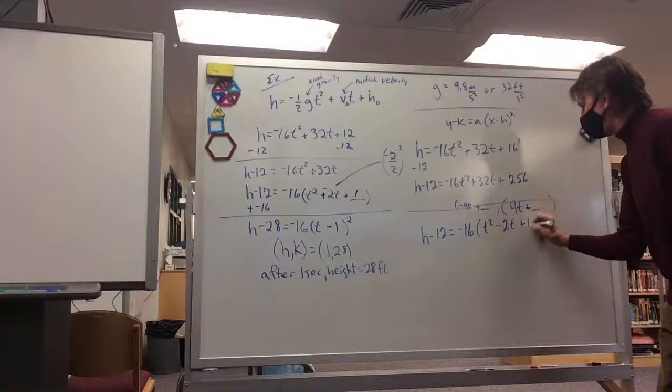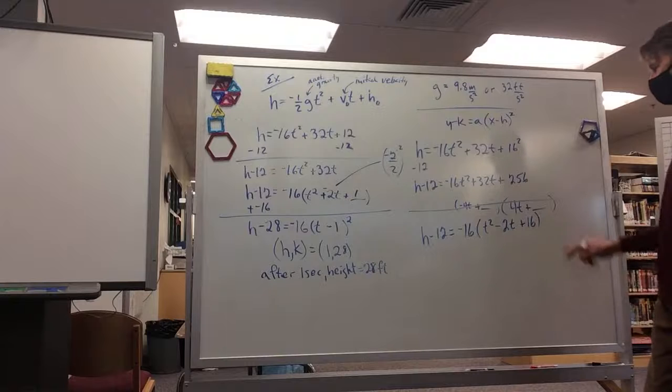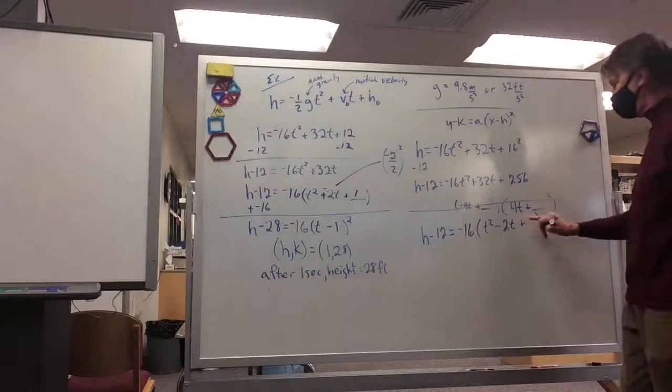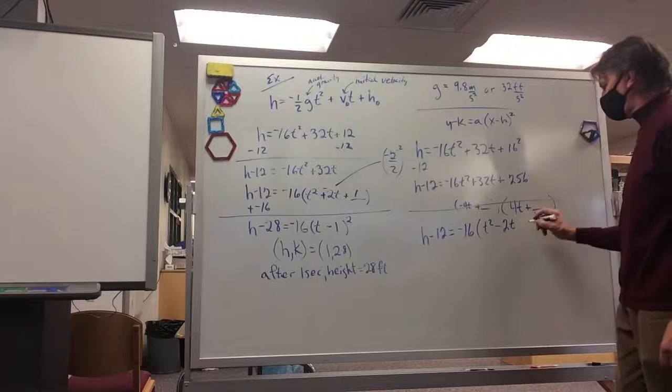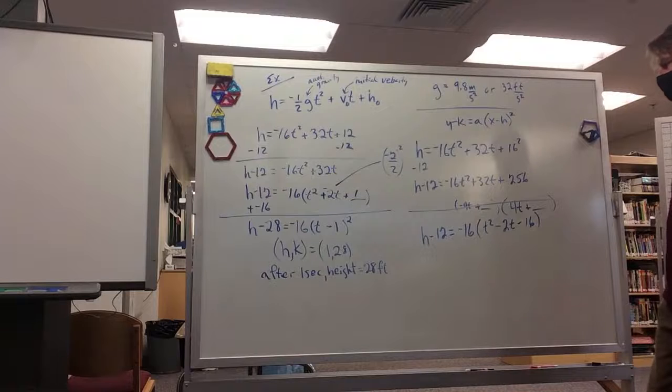and this is 16, right? Would it have to be negative 16 to get a positive 256? It would have to be a negative 16. Is that right? So do I have it all coming out correctly now?